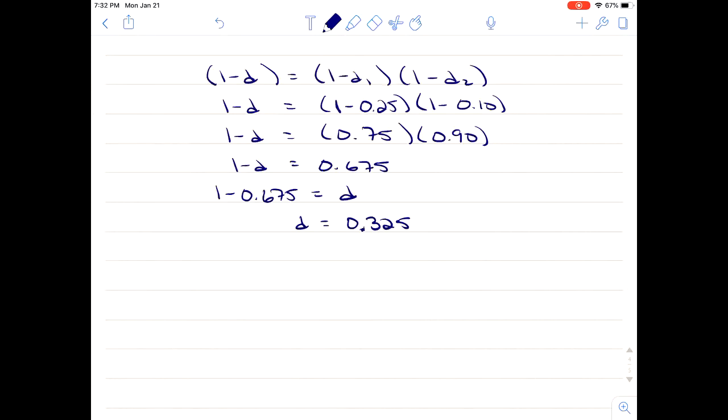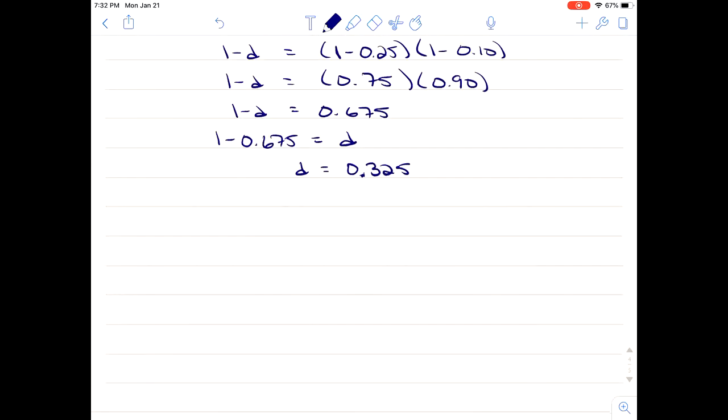So a single discount would be 32.5%. That would be equivalent to 25% and 10%. Therefore, are you guys comfortable with the therefore notation? Anyways, 3 dots in a triangle is therefore.